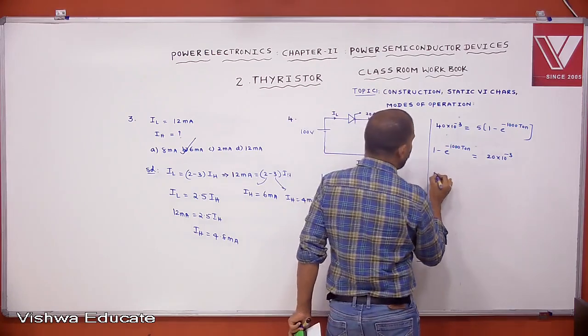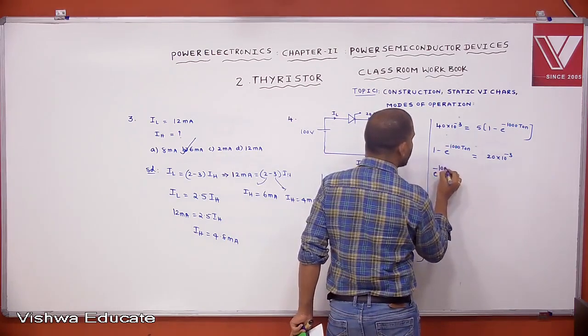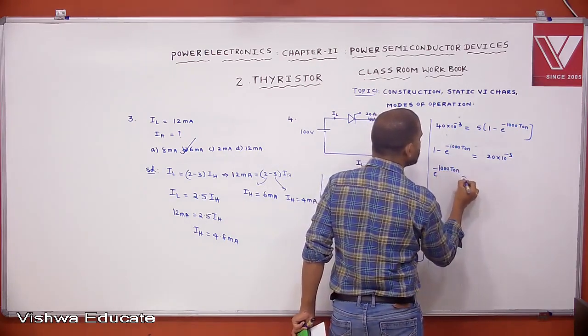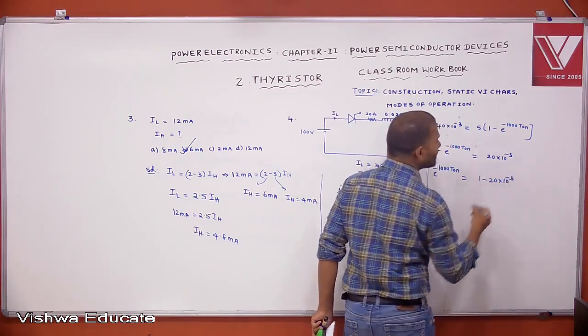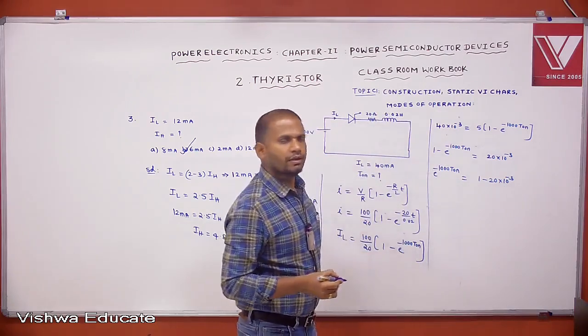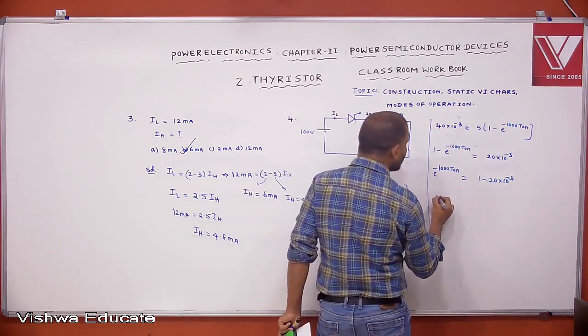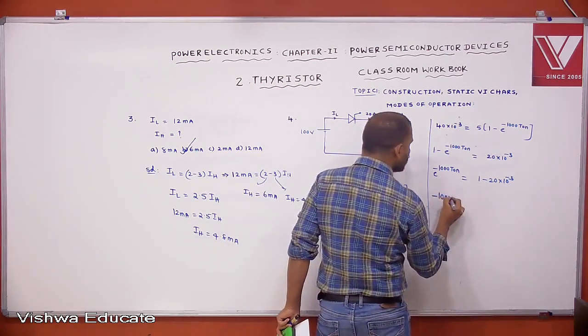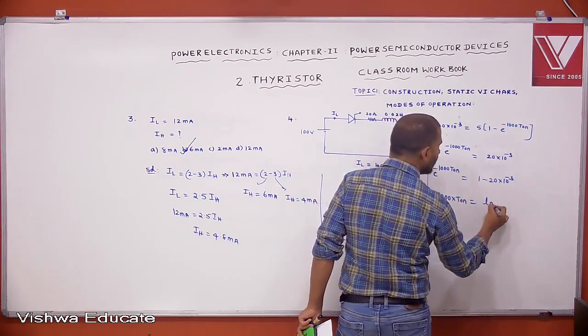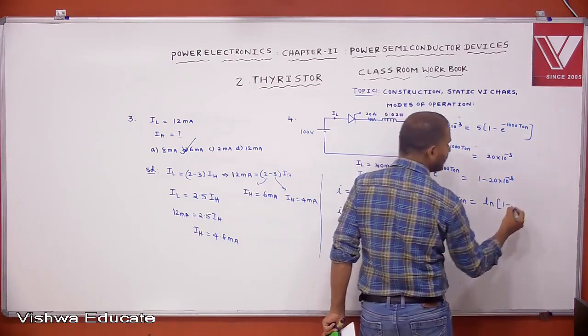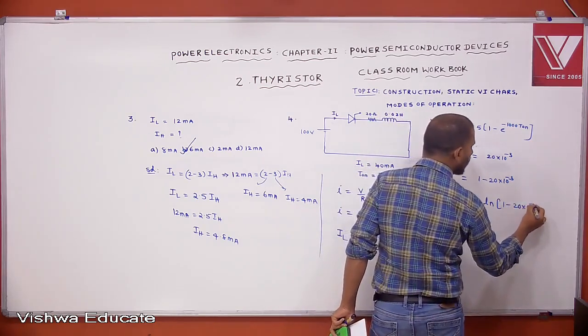This e power minus 1000 T on is equal to 1 minus 20 into 10 to the power of minus 3. Take natural logarithm on both sides. Minus 1000 into T on is equal to ln of 1 minus 20 into 10 to the power of minus 3.